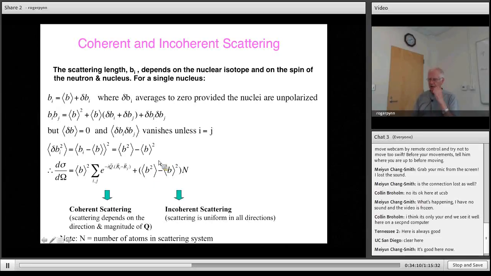You can also have an incoherent scattering that results from the fact that all of the nuclei have different spins. So let's think a little bit about that.